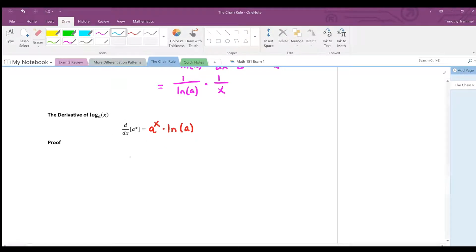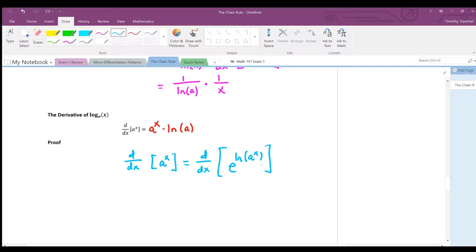So if we were to start trying to find the derivative of a to the x, well, we're going to use a little trick here. We are going to take this a to the x and we are going to write it as e to the natural log of a to the x.